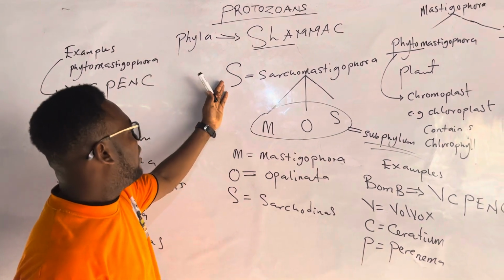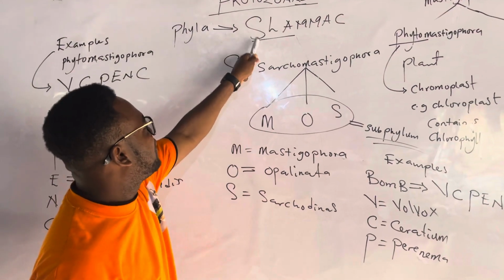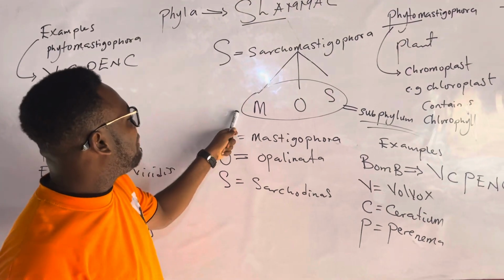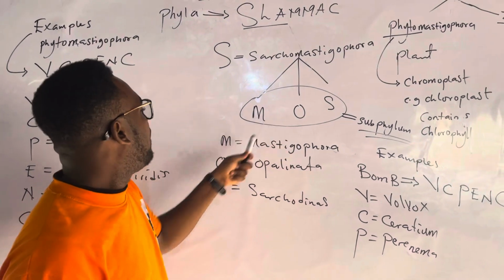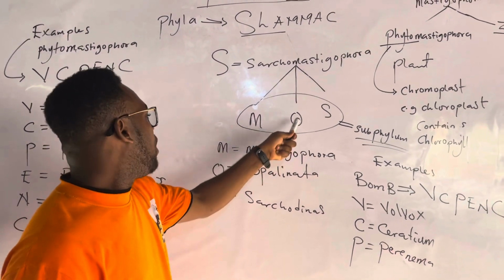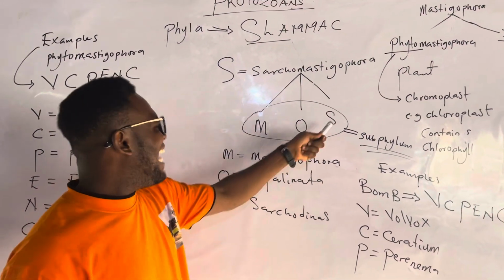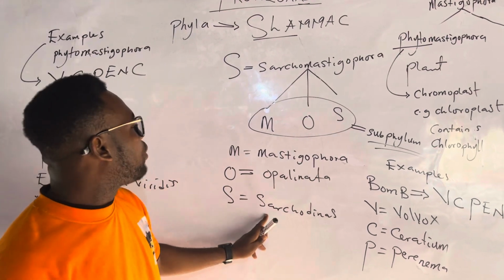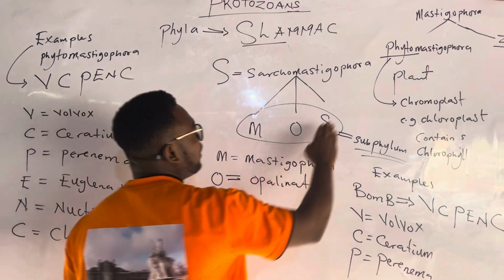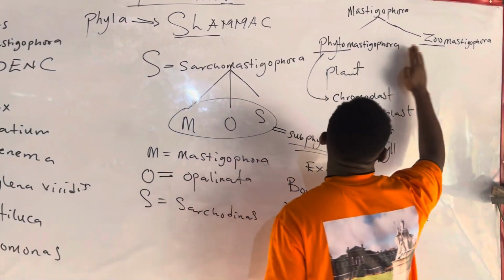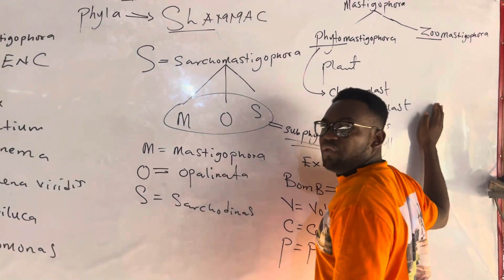So in summary here, Protozoa, which is this first S we have here, have 3 subphyla: Mastigophora, which is M, Ciliophora, which is O, and S, which is what? Sarcodina. Now under the Mastigophora, what do we have? We have Phytomastigophora and what? Zoomastigophora.